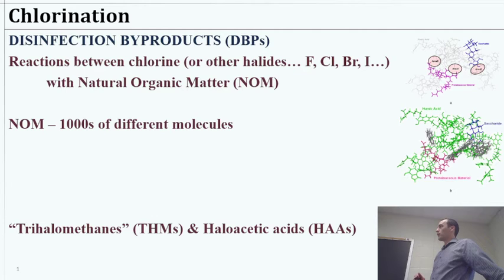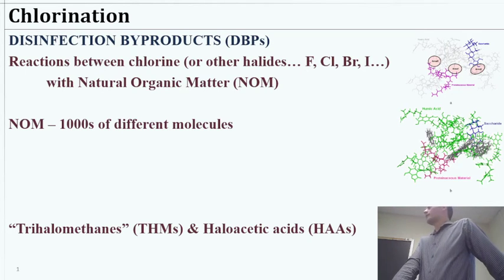In fact, if we're using bromine or iodine as a disinfectant, which occasionally we do in swimming pools, sometimes we use bromine instead of chlorine, or for occasional use, like hiking, you might have iodine tablets to disinfect water. Effective, but probably doesn't taste so great, and you probably wouldn't want to be drinking that all the time.